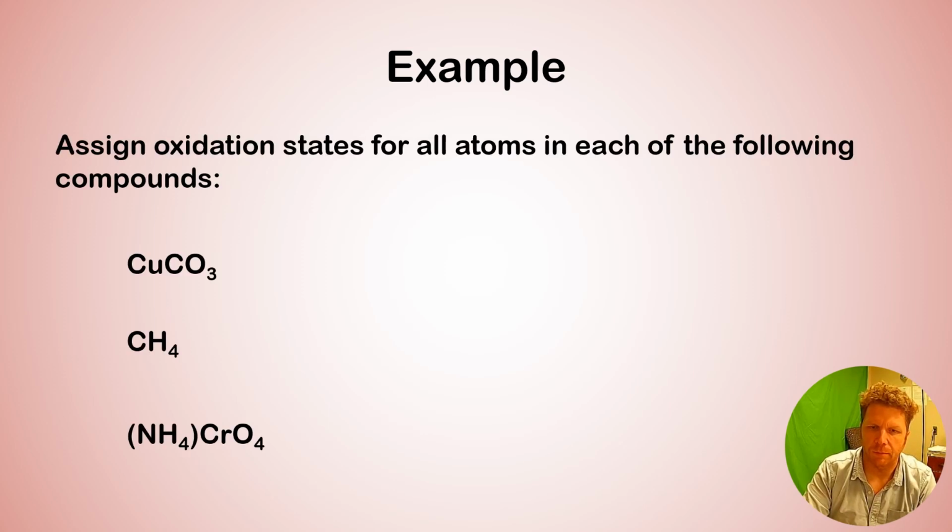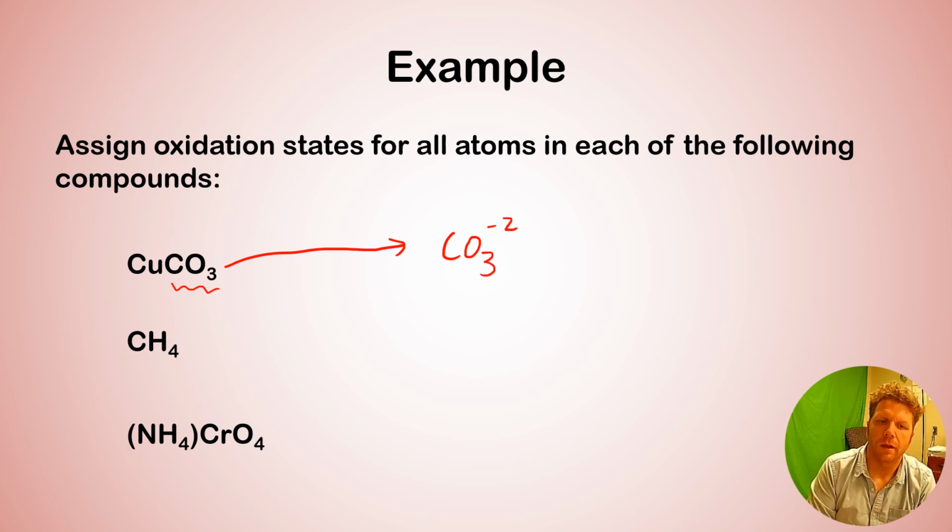Now, a couple of examples here. I want you to assign the oxidation states for all of the atoms in the following compounds. CuCO3. So what you need to do is be able to recognize that CO3 is the carbonate ion, and CO3 has a charge of -2. And based on that being -2, then Cu has to be +2. So now what we're left with is, let's go ahead and list these out.